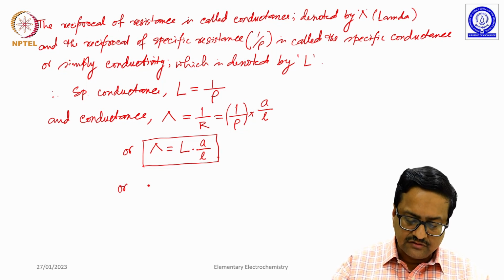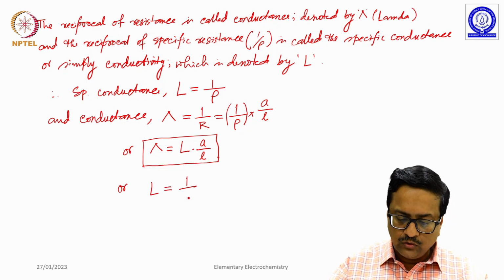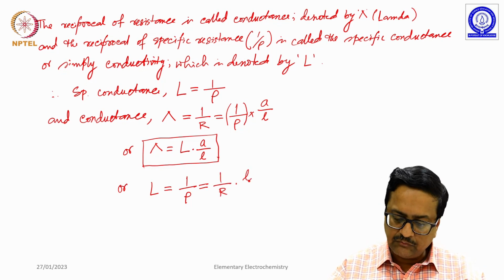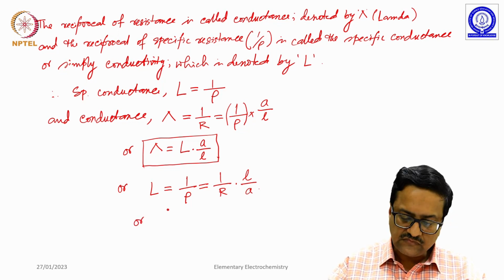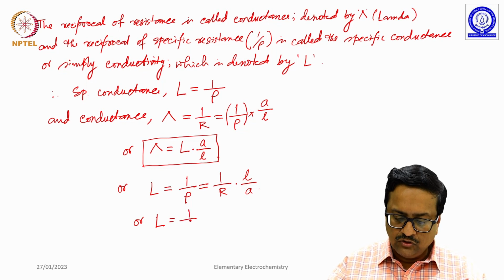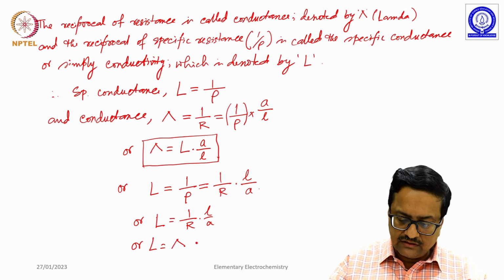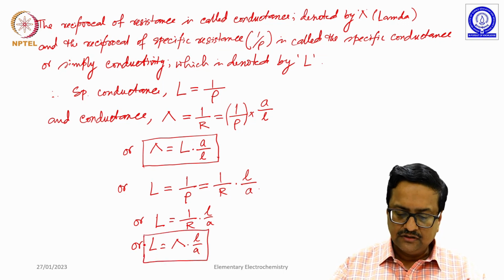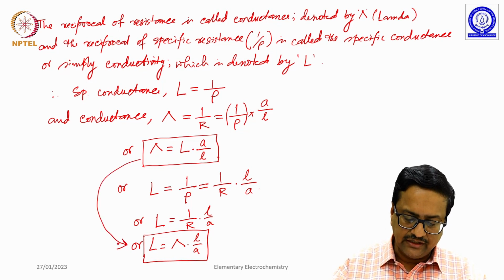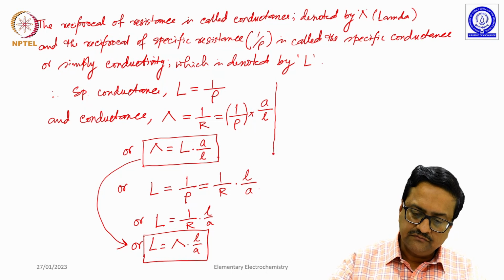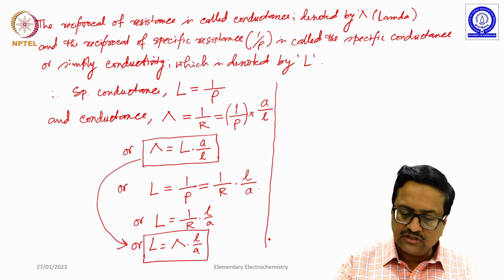One can rearrange to write L equal to 1 by rho equal to 1 by R into l by A, or L equal to lambda into l by A.